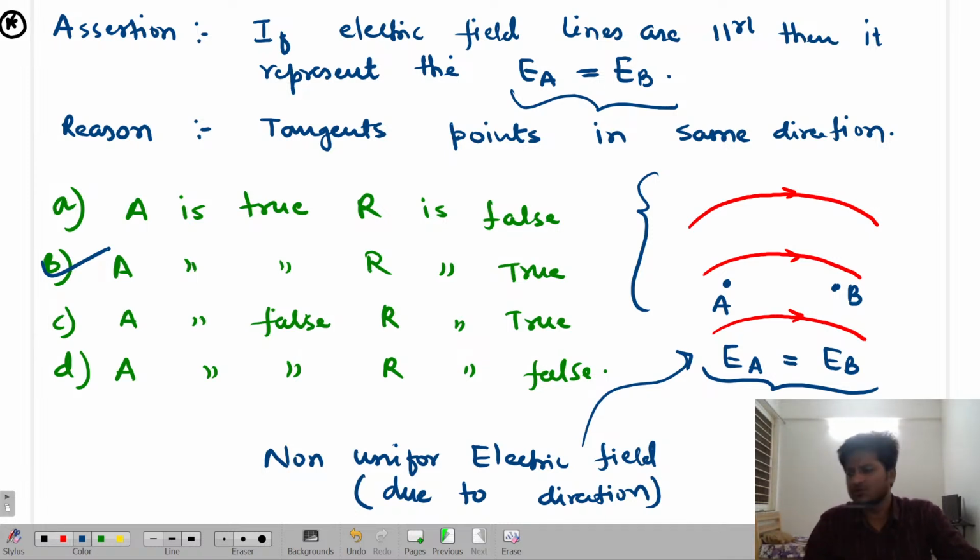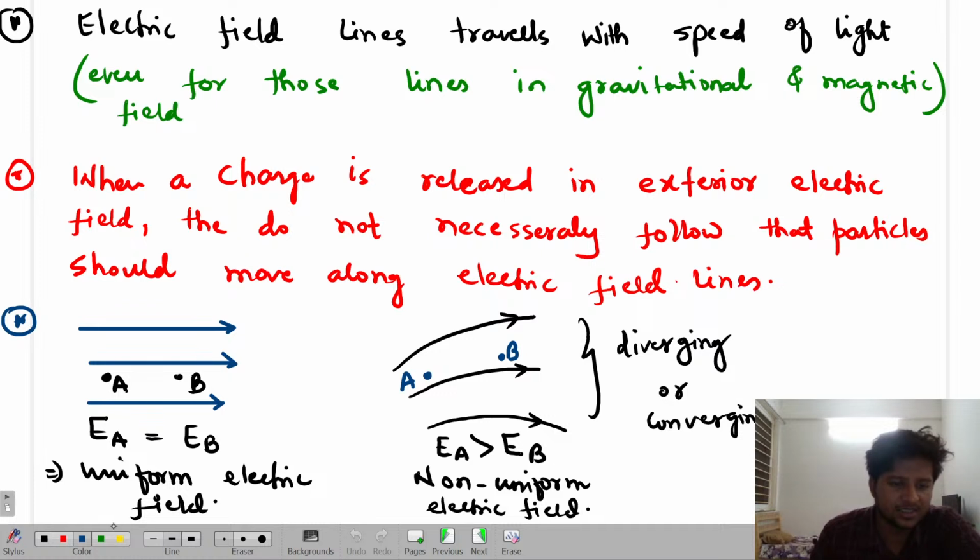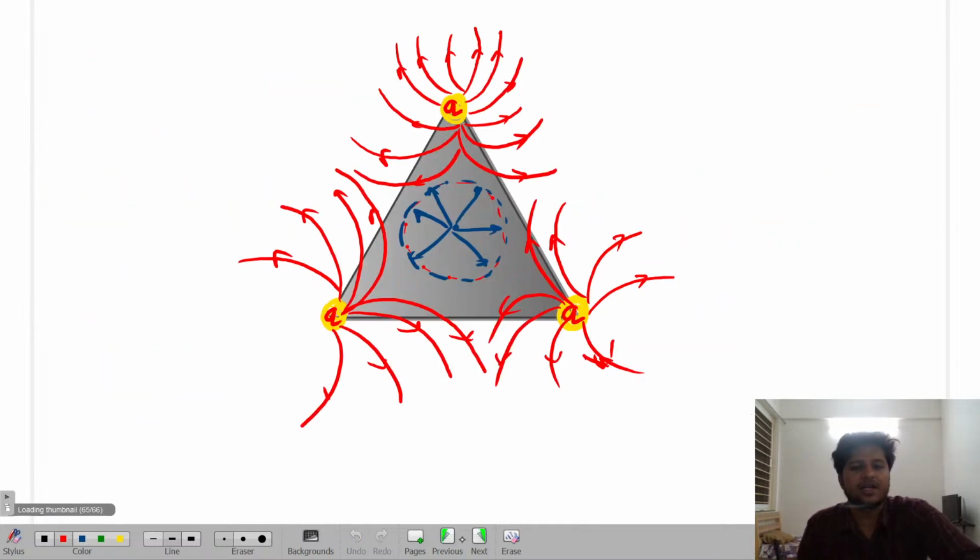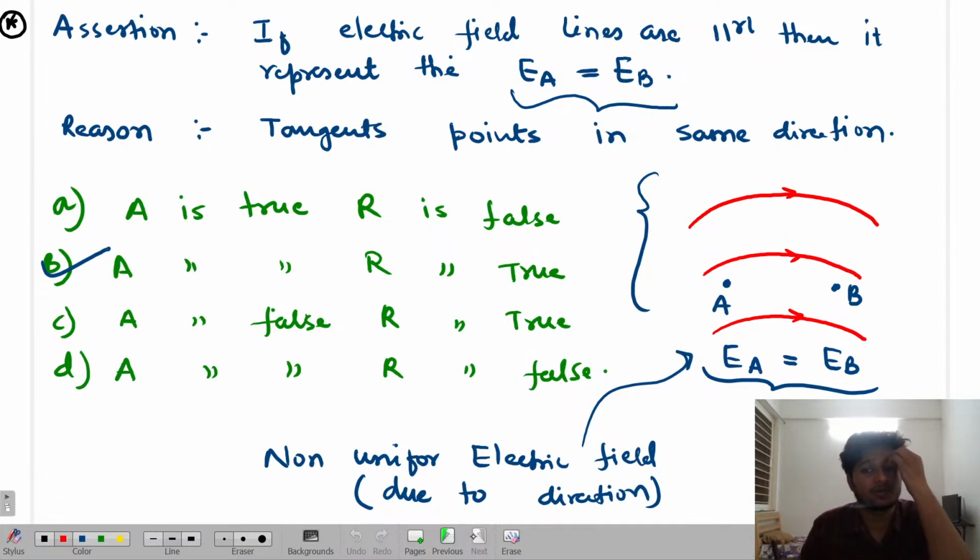No, it should not be false, because for the assertion there is a reason. We know that the tangents will point in the same direction, that's why their electric field is also the same. So both are true actually. But there is an exception: there exists a non-uniform electric field due to direction, and for that also the two points have EA similar to EB.